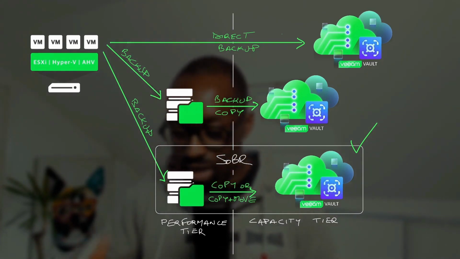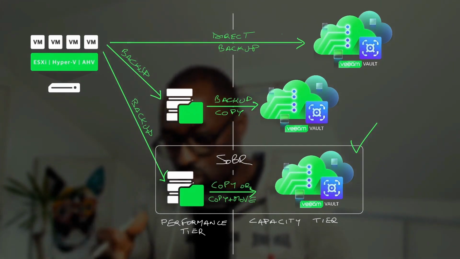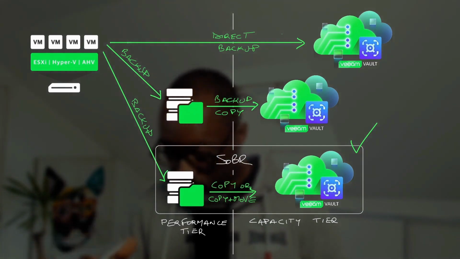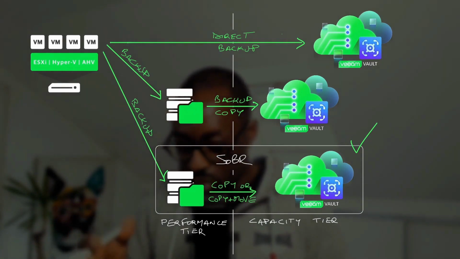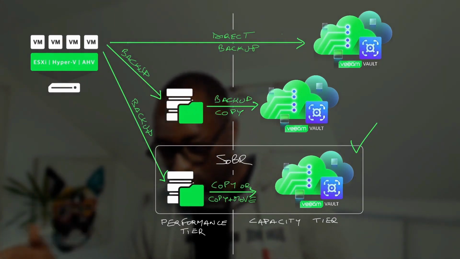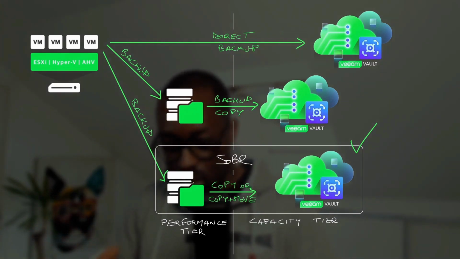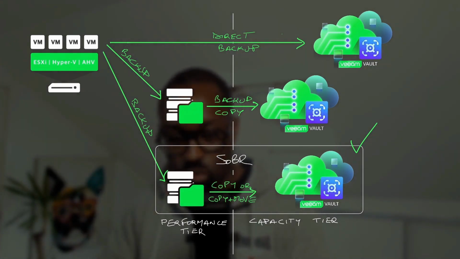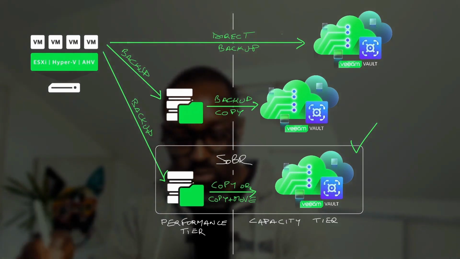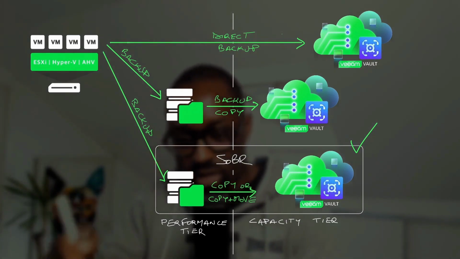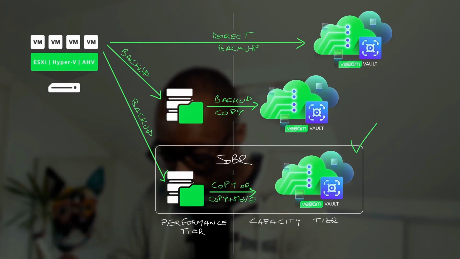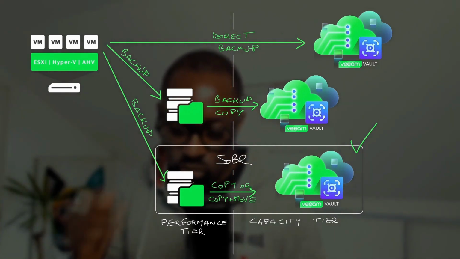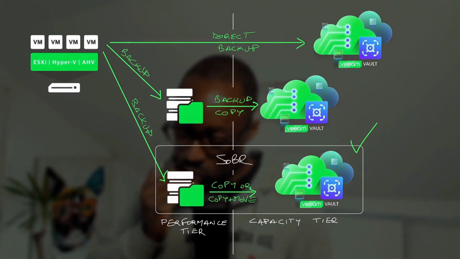And inside it, you will have several tiers: performance tier, capacity tier, and even archive tier. So the idea is to present this logical repository to Veeam so that backups are all directed there and stored there. And then within the SOBR, you define a rule or rules that will move or copy the data to the different tiers, depending on what you want to implement in terms of resilience.